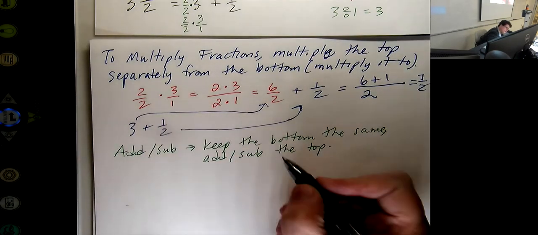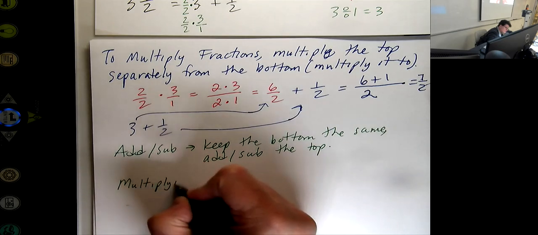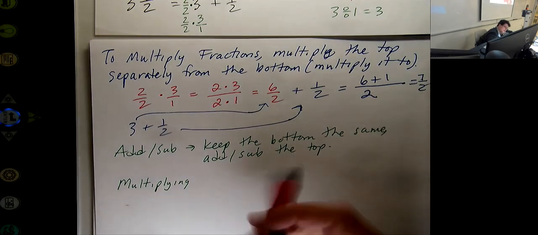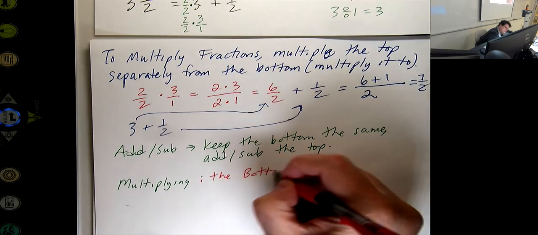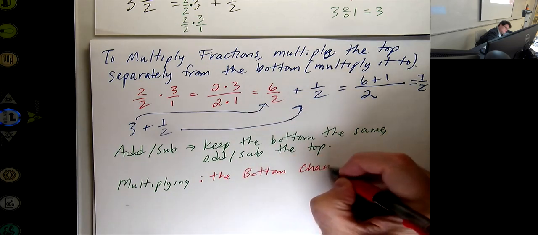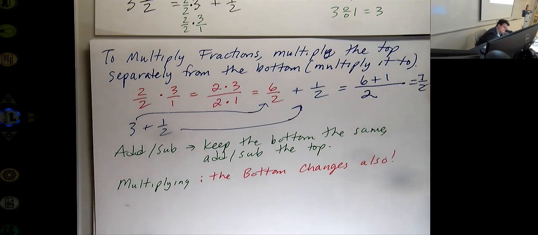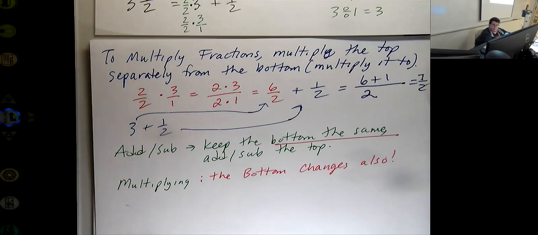For multiplying, the bottom changes also. This is the important difference. So for add and subtract, the bottom stays the same. On multiplying, the bottom changes. You're multiplying it together.